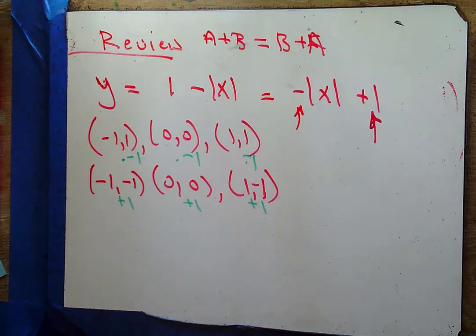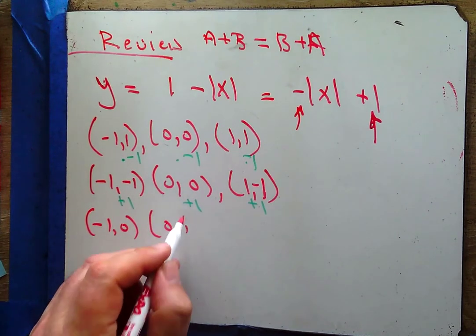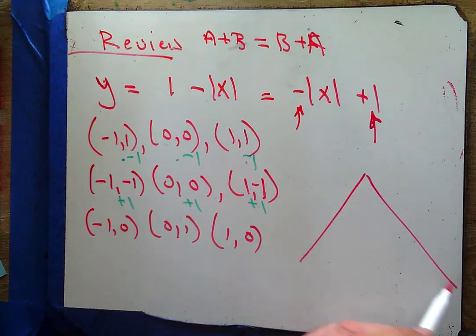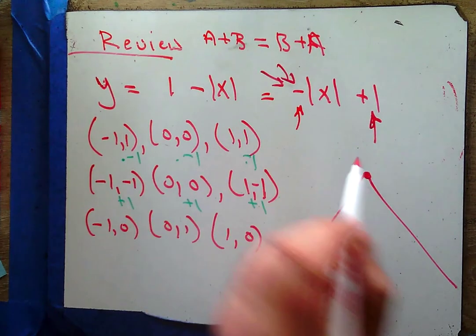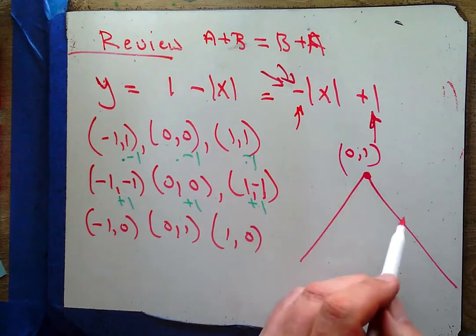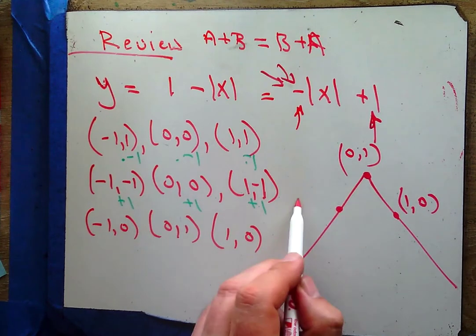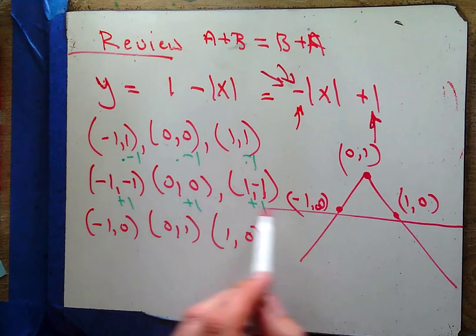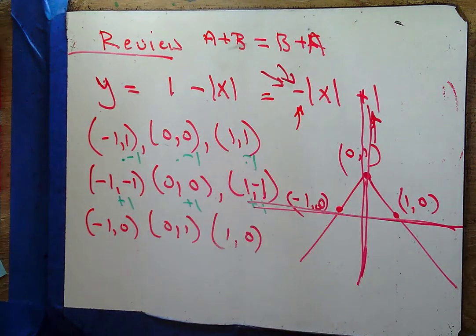So my final points: negative 1, 0, 0, 1, 1, 0. You know this absolute value V is upside down because of that. This is 0, 1, this is 1, 0, and this is negative 1, 0. And of course, you could draw in the axes if you want. Okay, there's the second one.